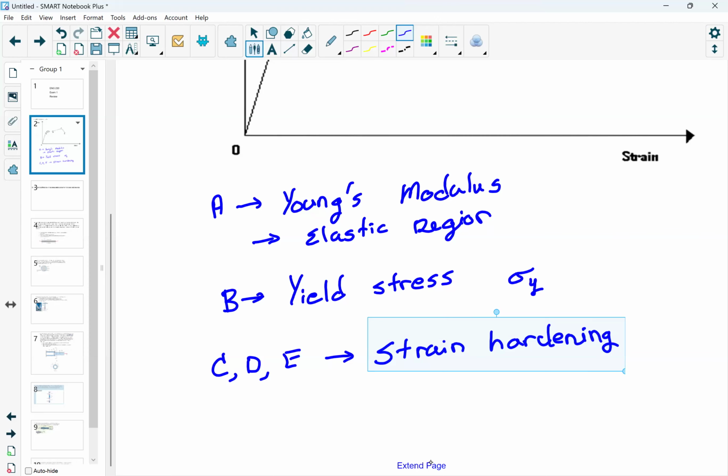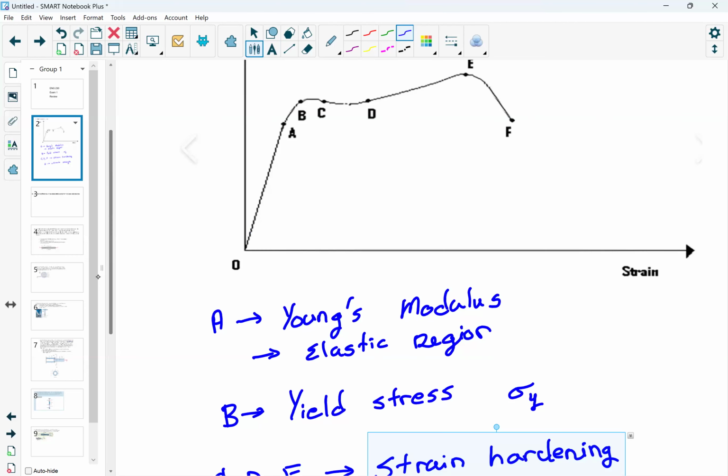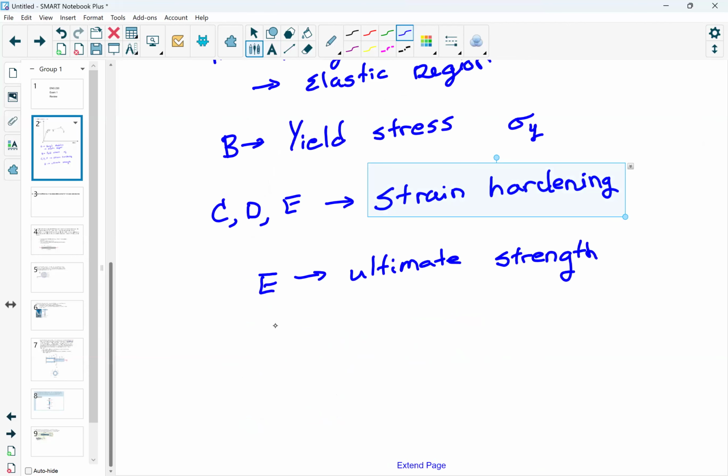E is important. E is then our ultimate strength. All right, and finally over here at F, F is our fracture point.